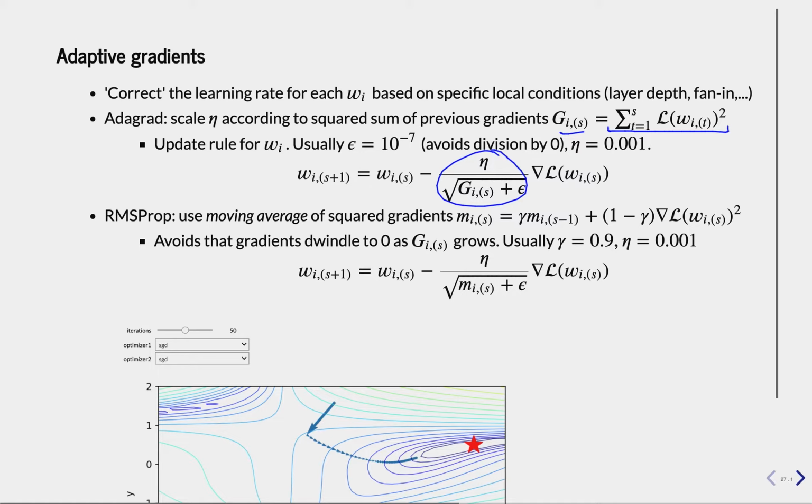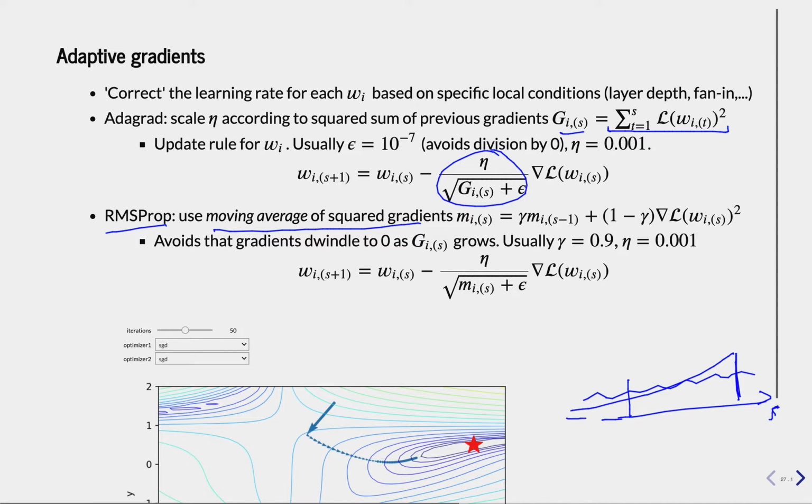Right? So an obvious solution to that is RMSprop, which replaces this squared sum with a moving average of the squared gradients. Right? So if you look at the gradients over time, it would basically pay a lot of attention to the recent ones, and the older ones will be weighted less and less.